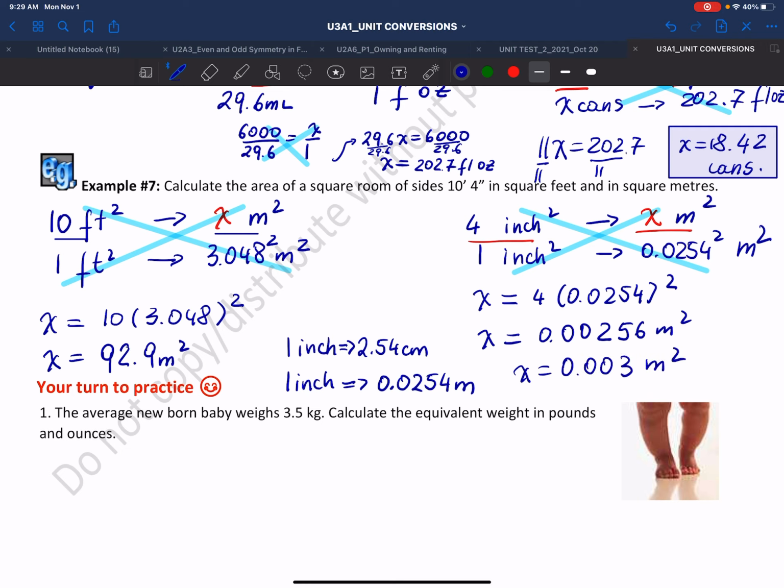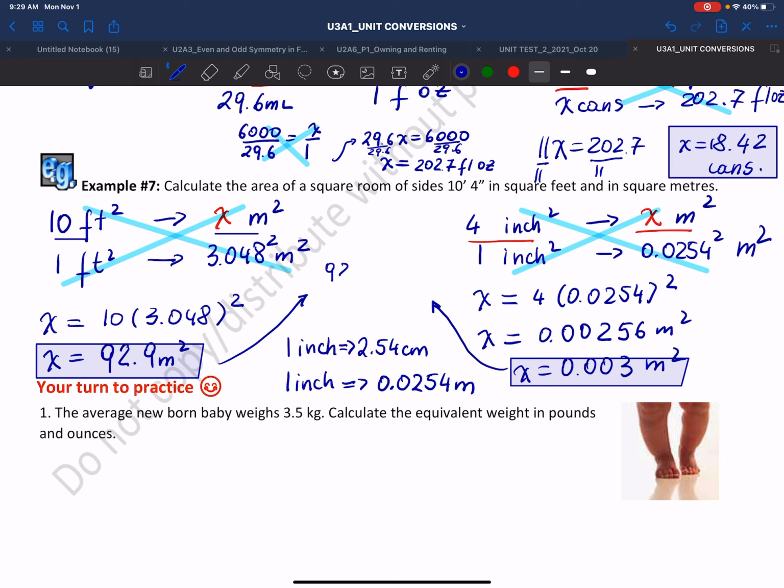So remember that we had the area in feet converted to meters squared and the area in inches converted to meters squared. So we'll add together the two of them. Right here.